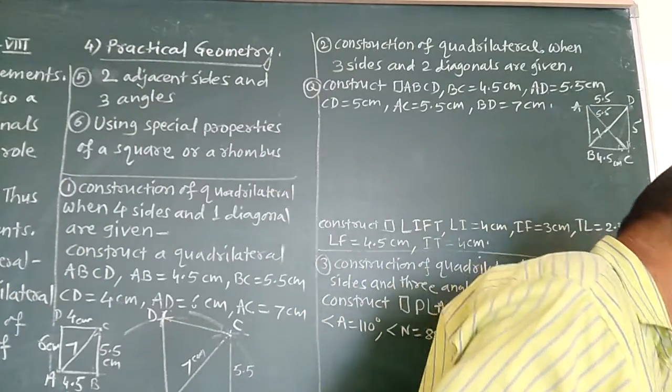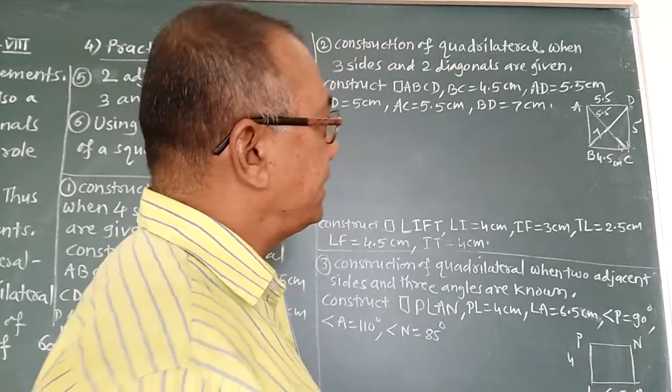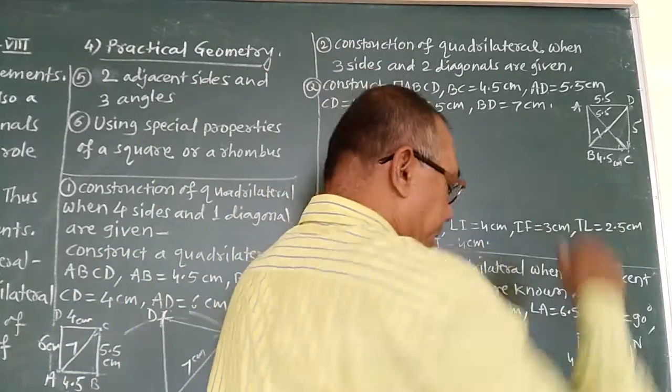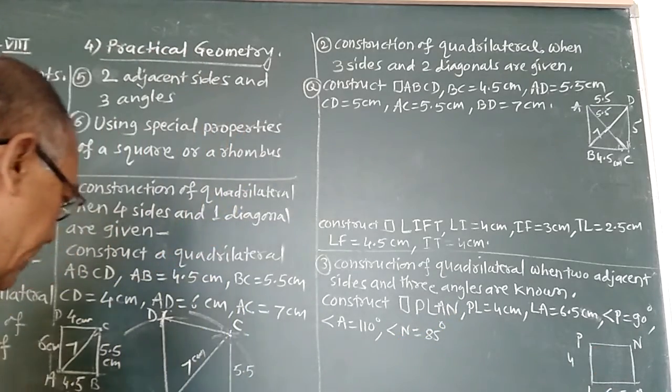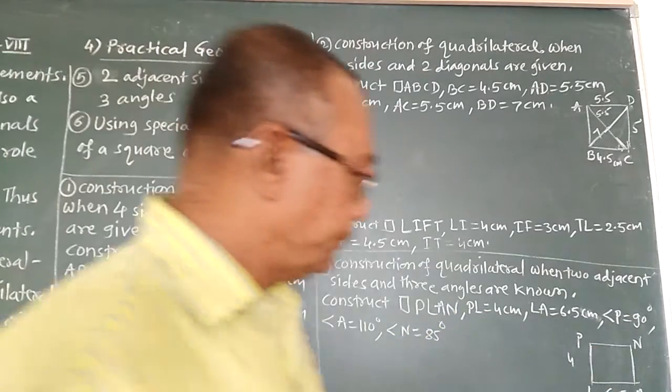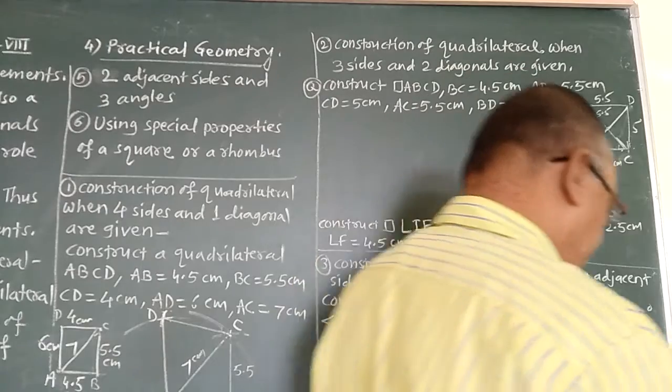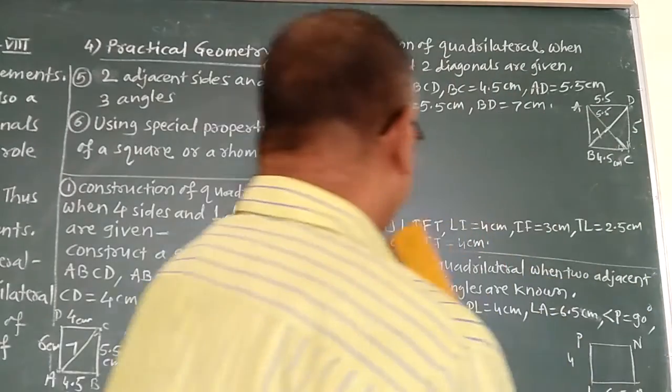In this triangle we have to take BC as 4.5 centimeter. So I will take first 4.5 centimeter here. So 4.5 centimeter I will draw.